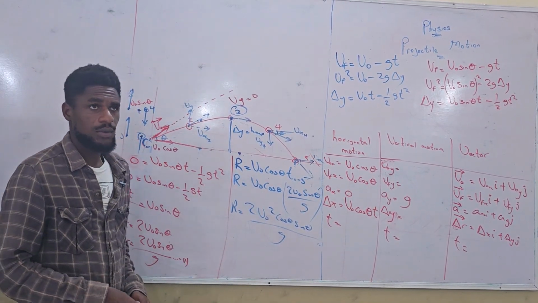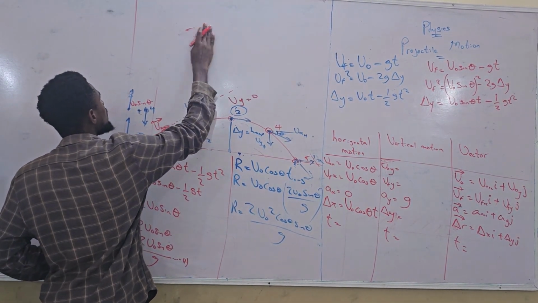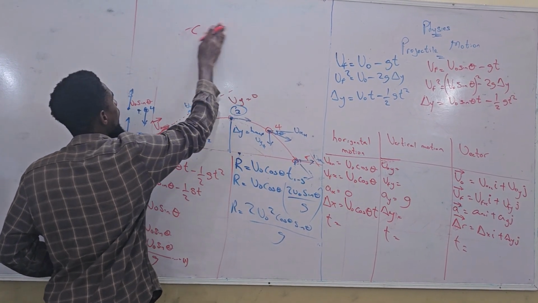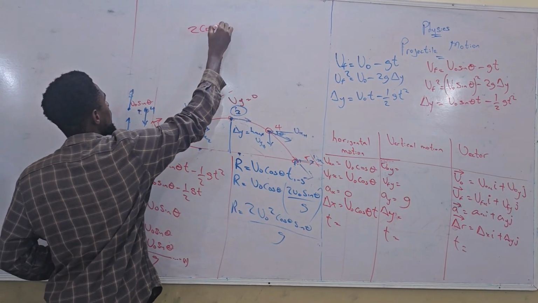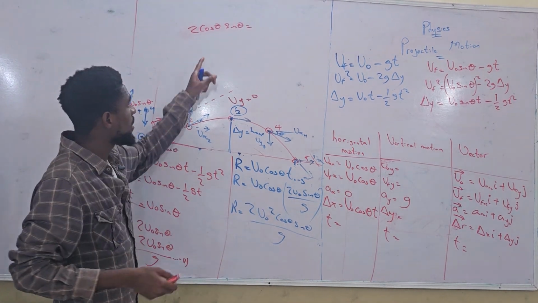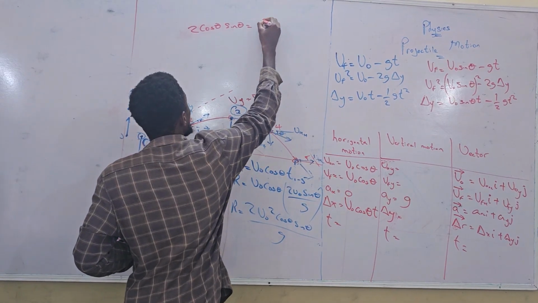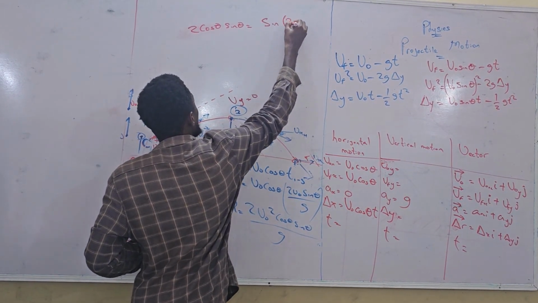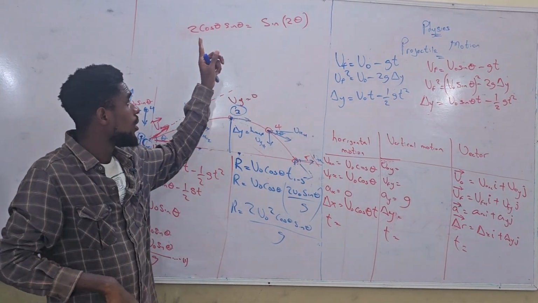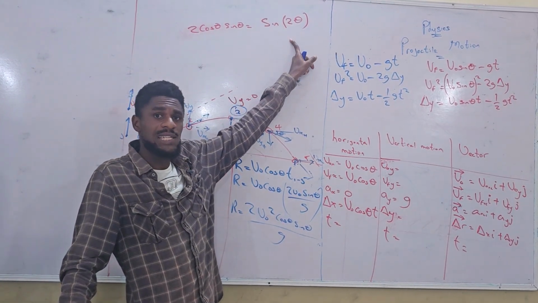From trig identity, we know that when we have 2 cos theta sine theta, we can simply write this as sine 2 theta. Once we have 2 cos theta sine theta, I can simply write it using sine 2 theta.